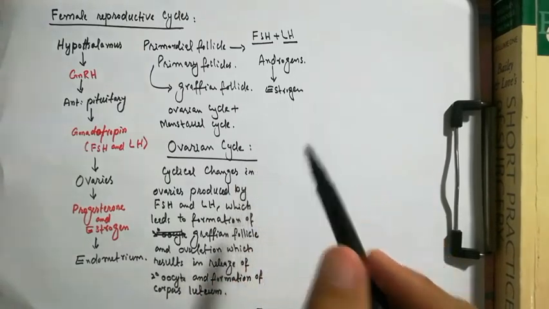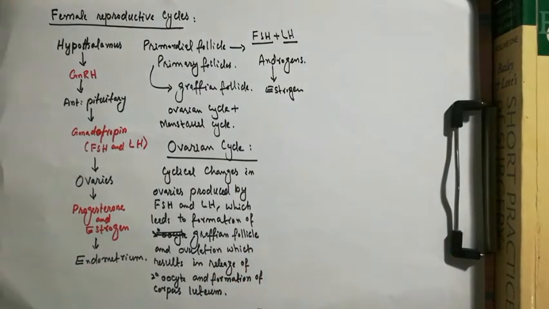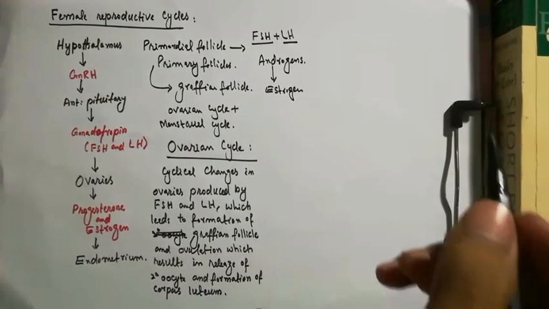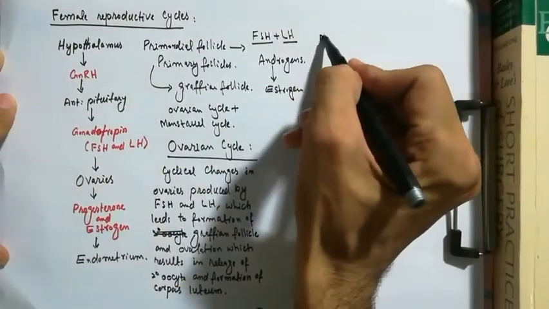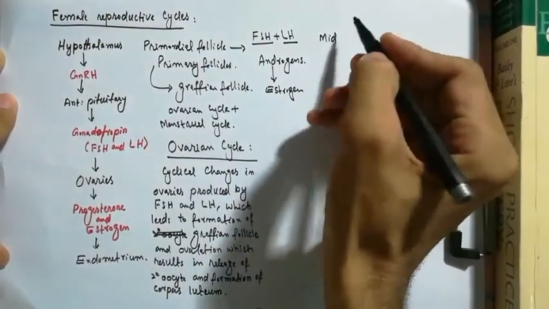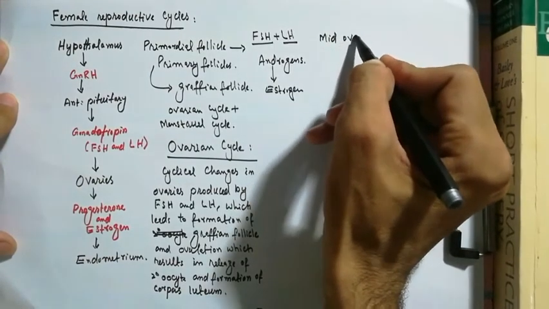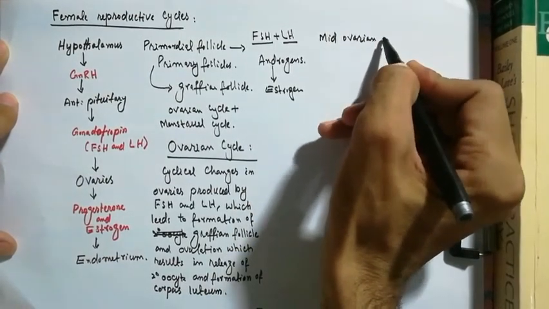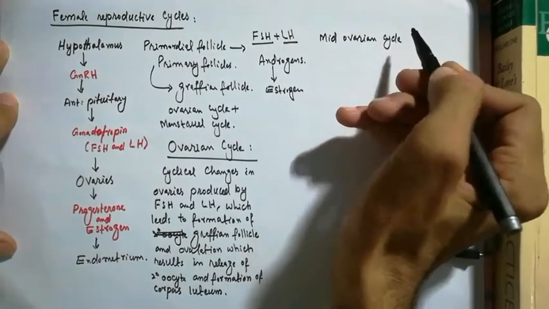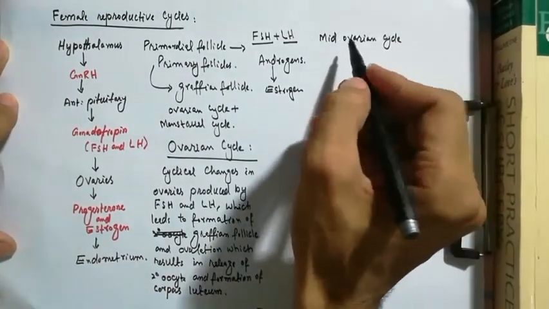When estrogen acts on anterior lobe of pituitary gland, it causes the release of luteinizing hormone from anterior pituitary. At mid-ovarian cycle, luteinizing hormone surge occurs.